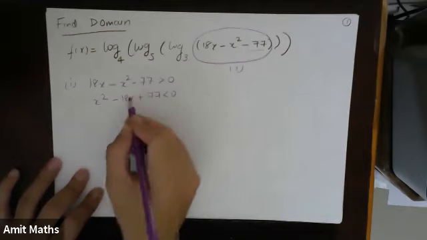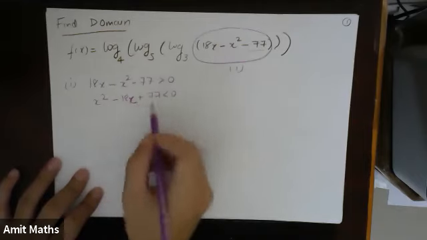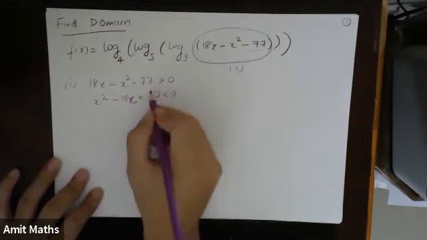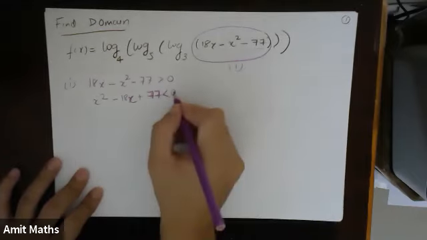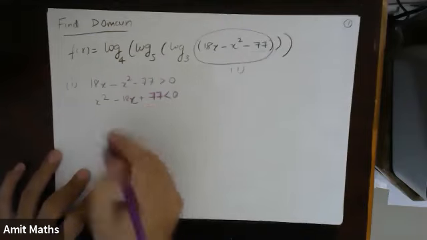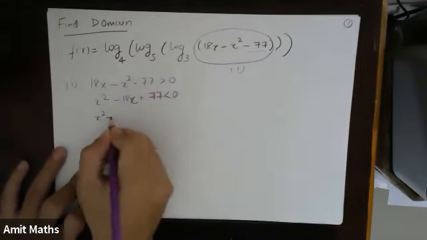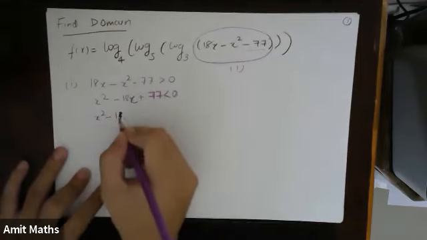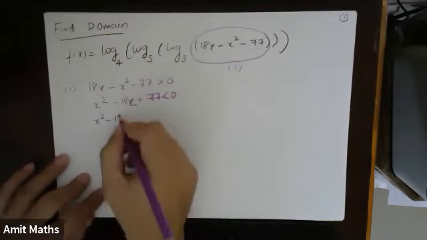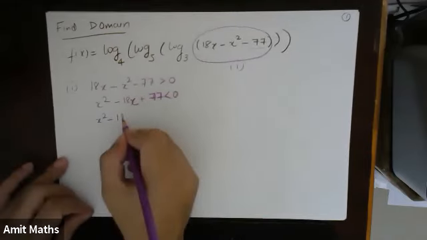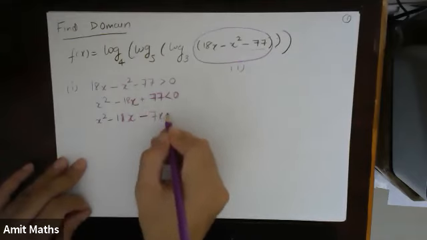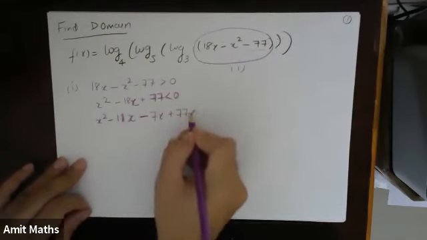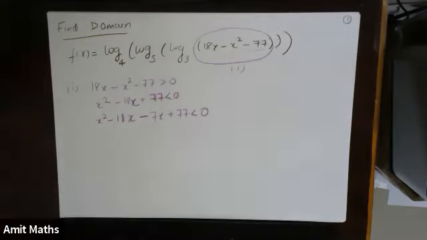Now if I factorize this, it becomes x square minus 11x minus 7x plus 77 should be less than 0. These will be the factors.